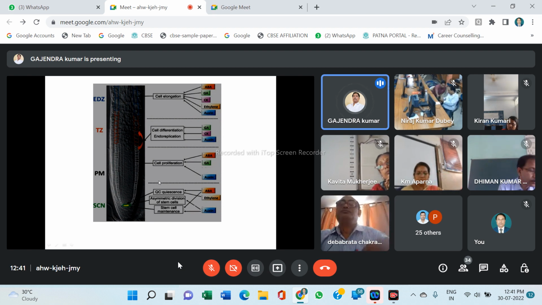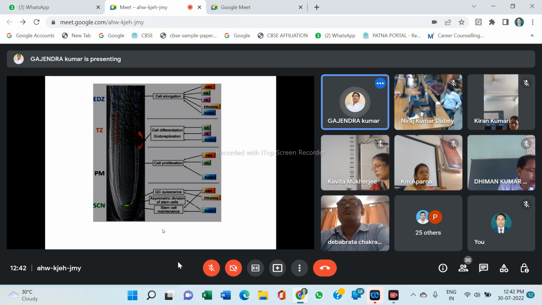Then we can find that after cell proliferation, where gibberellic acid, auxins, and ABA play an important role, when the asymmetrical cell division of stem cells takes place, we can observe auxin also plays a role.